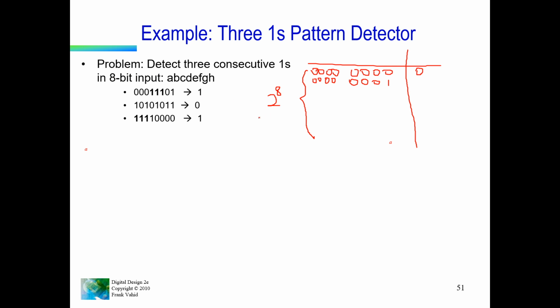So this means that we need 256 rows in our truth table, and it is very difficult to draw such a truth table. For instance, let me show the last element of the truth table, which is all ones, which is 255. And here the output must be 1 because there are 3 consecutive ones. All of them can be counted as 3 consecutive ones.